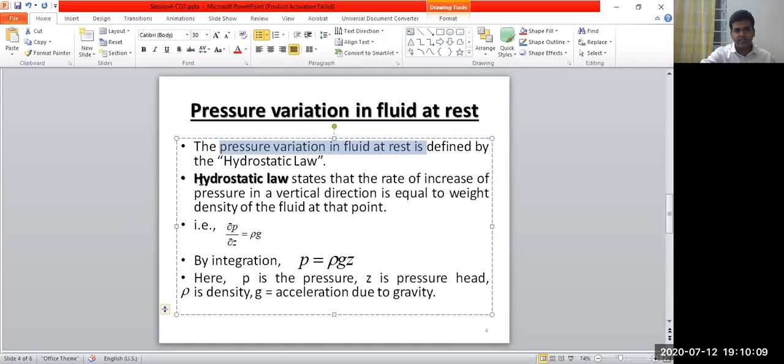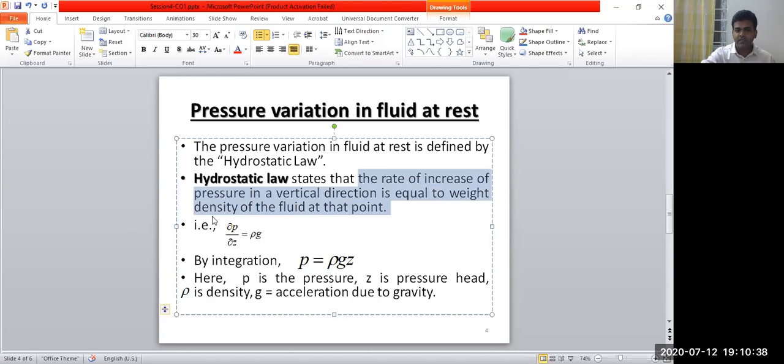Hydrostatic law states that the rate of increase of pressure in vertical direction is equal to the weight density of the fluid at that point.